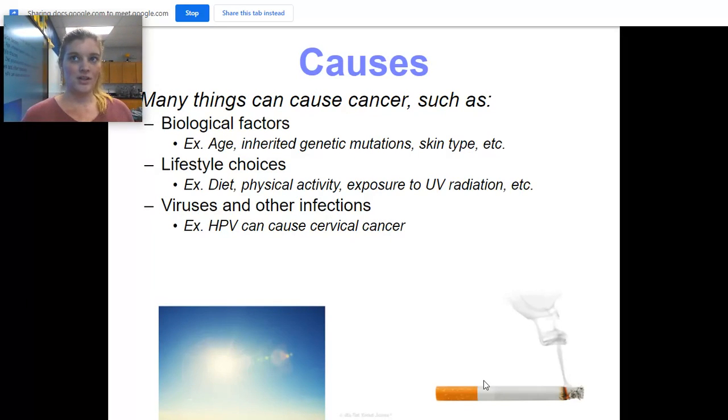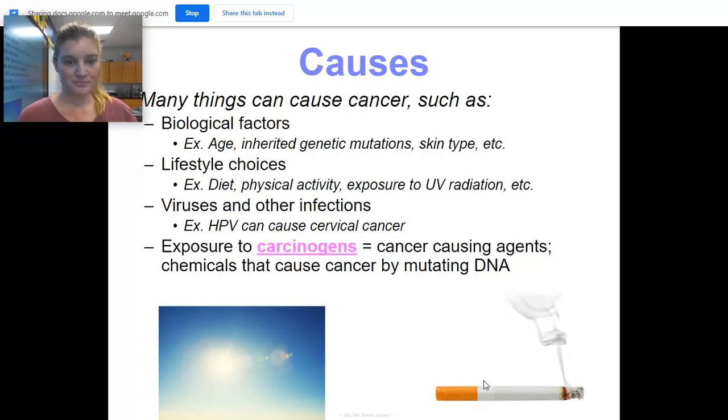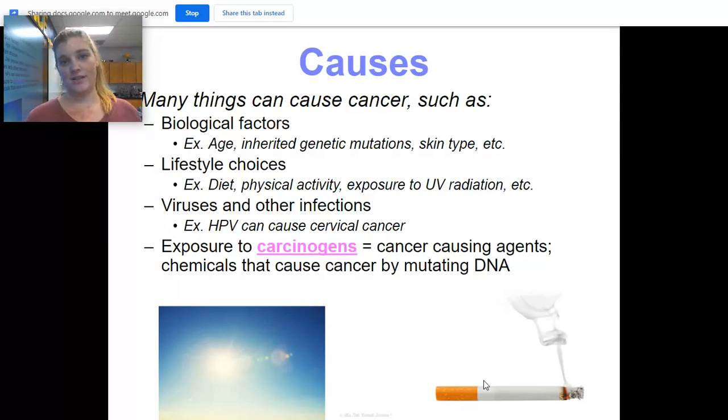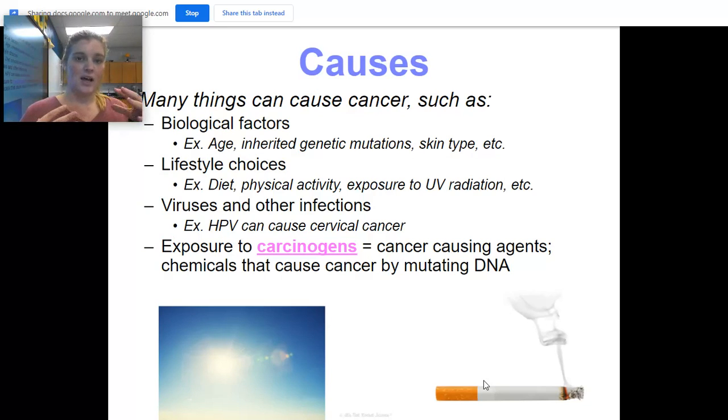The most generally recognized one is HPV. That's actually a virus that can cause cervical cancer in women. And then also exposure to carcinogens, which are cancer-causing agents. So these are things that we know interfere with our DNA and mutate them to cause these issues that cause cancer cells. And so something like that is smoking.